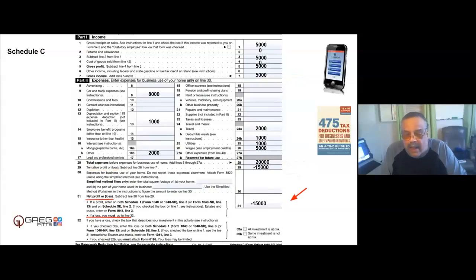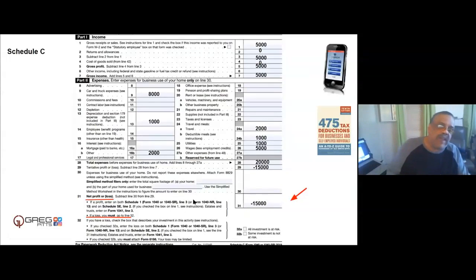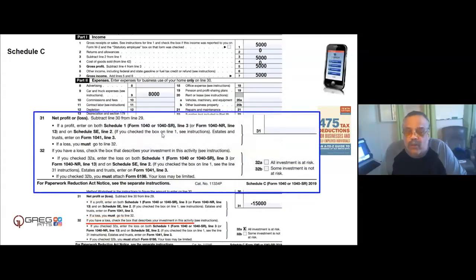Bring that down to line 31, but now you have to start reading, and you should always read everything that's on your tax form, every line. It says, if a loss, you must go to line 32. So let me bring up line 32 where you can see it a little bit better. It says, if you have a loss, check the box that describes your investment for this activity.